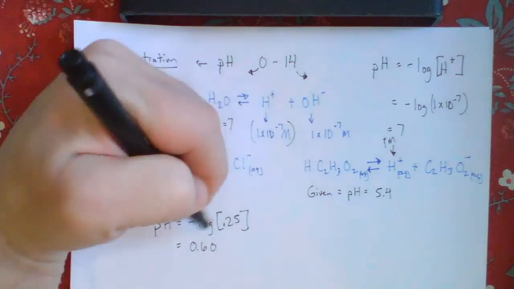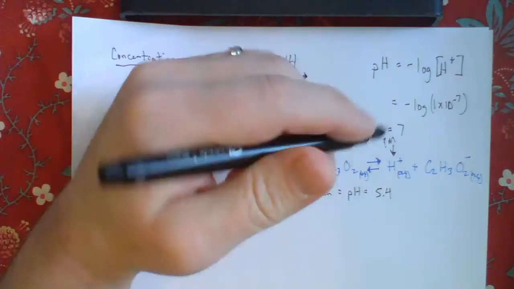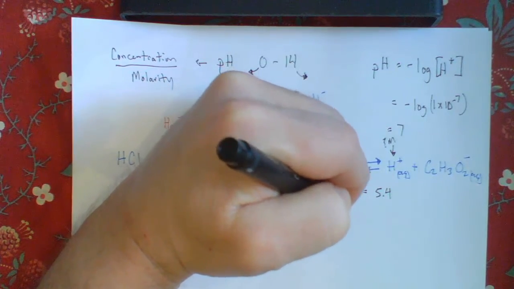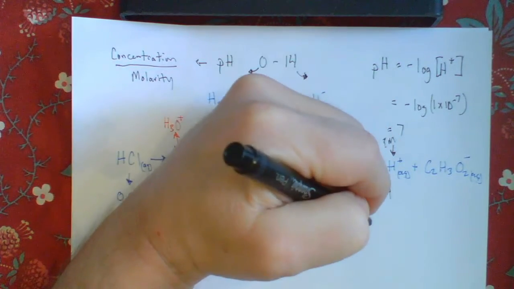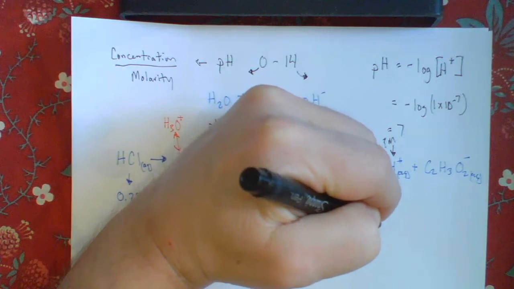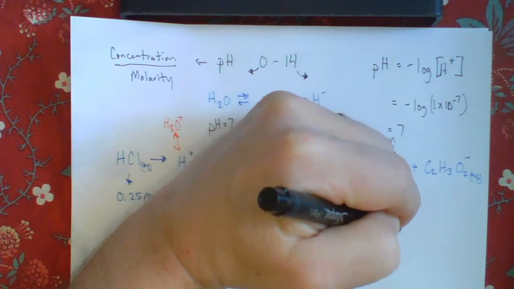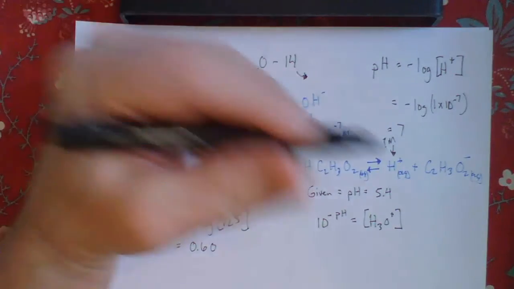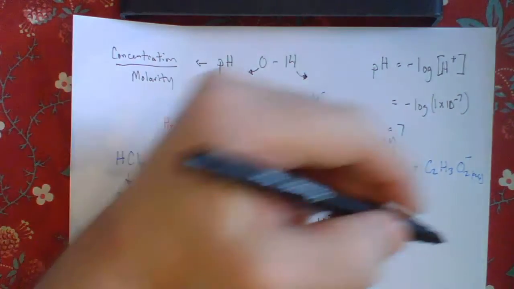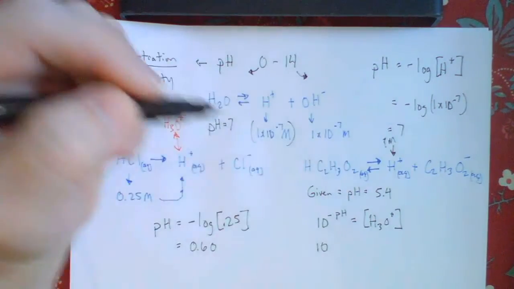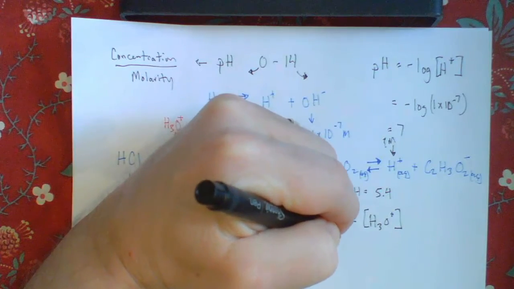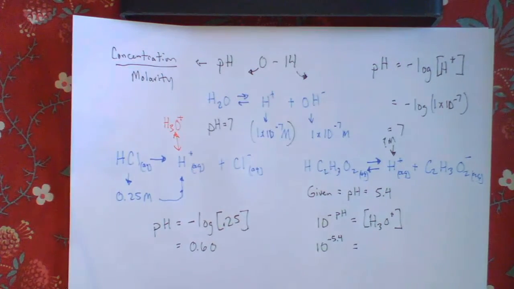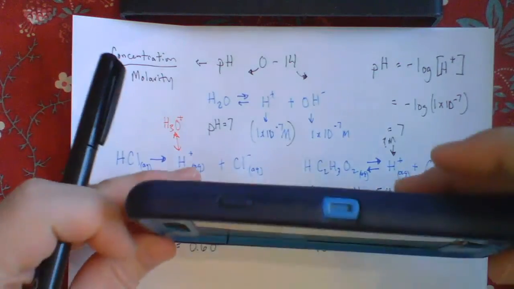What we'll do is undo our log function. So 10 to the negative pH is equal to our hydrogen ion concentration. I wrote it as the hydronium ion, but remember that's the same thing. So if we did this math, 10 to the negative 5.4, we can figure out what that concentration is. So again, we're back to our calculator.